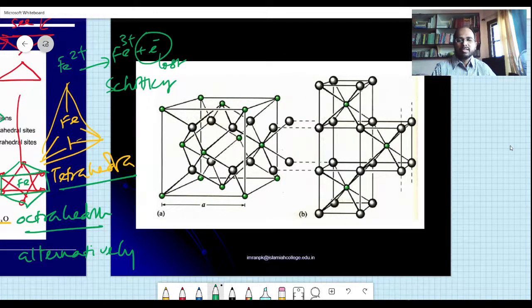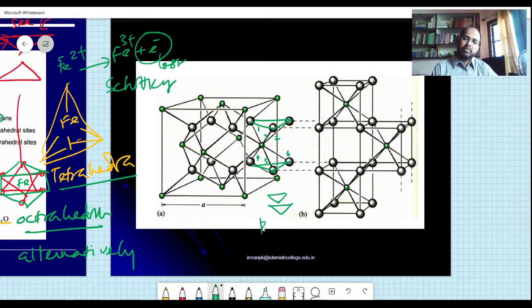So here is an example of how you can imagine a cube, right? This is the central Fe atom. This is 1, and this is 2, and this is 3. This is 4, this is 5, and this is 6. We join them like this and get an octahedral arrangement. Okay, but if both the lines are like this, then you get what type of structure?